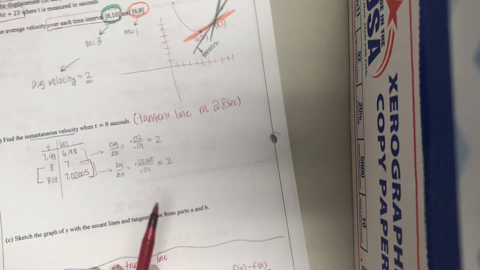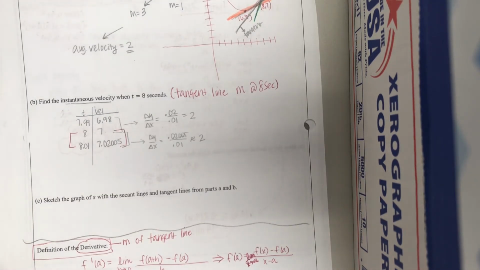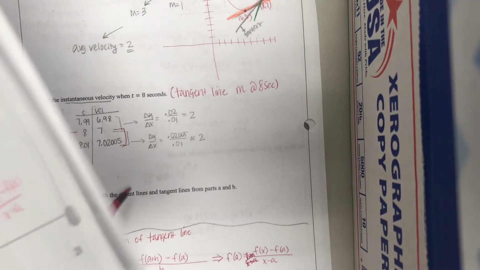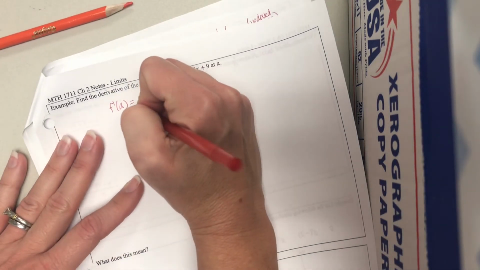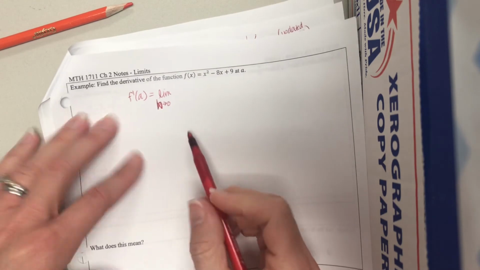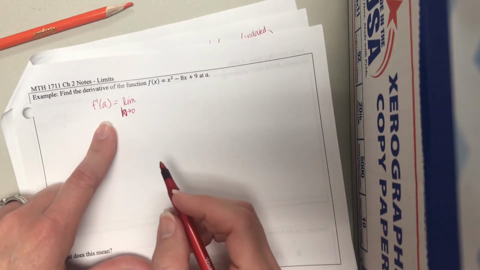Sorry, I think I should change that to say h. I'm just so used to writing x. Make that say h right here. So the limit as h approaches 0.